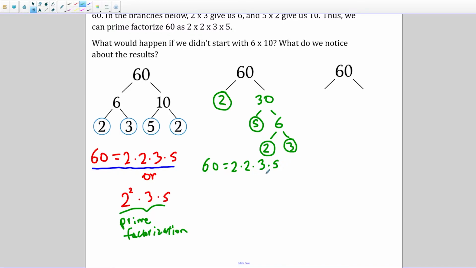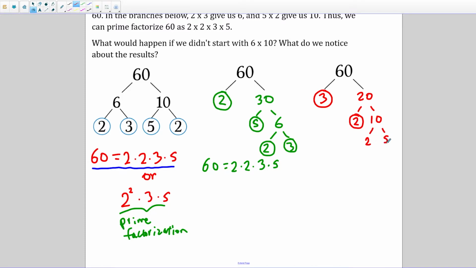Oh, well, maybe we fluked out and ended up getting the same thing, so let's try it one more time. So I'm going to say that 60 is the same thing as 3 times 20. 3 is a prime number, so I'll go ahead and circle that. I can break down 20 into 2 and 10. 2 is a prime number.